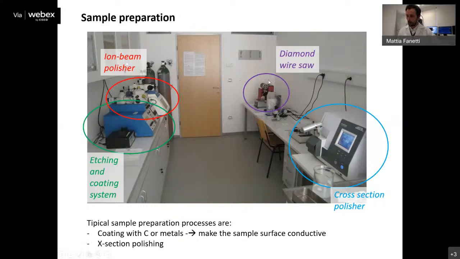For example, a wire saw to cut the samples, a cross-section polisher, an etching and coating system, and, okay, this is only for TEM, an ion beam polisher. Now I will mention to you the etching and coating system, and the cross-section polisher. These are the two machines which are typically used to prepare samples for SEM.